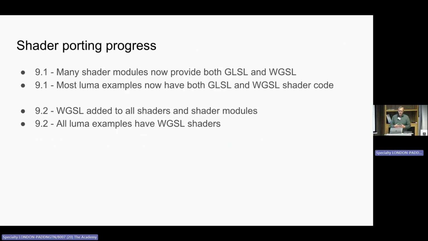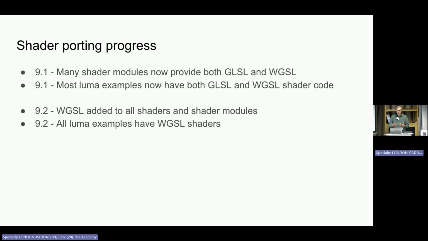Luma has a shader module system that allows us to create reusable pieces. There are no import statements in either GLSL or WGSL, so we have a lightweight shader module system, and we provide a big library of shaders: different lighting modules, the biggest one probably being PBR, physically based rendering, for GLTF models. We have projection modules, and a big set of post-processing effects, so you can apply different types of post-processing techniques.